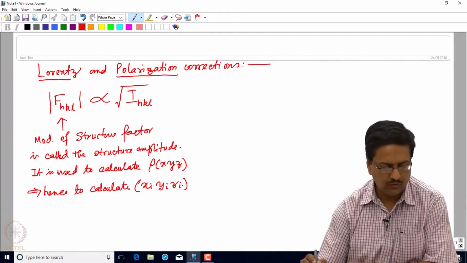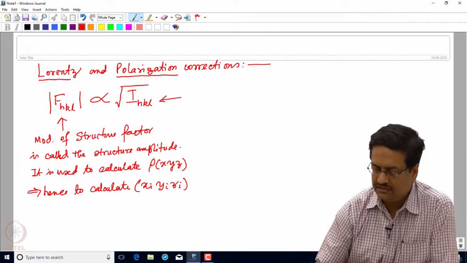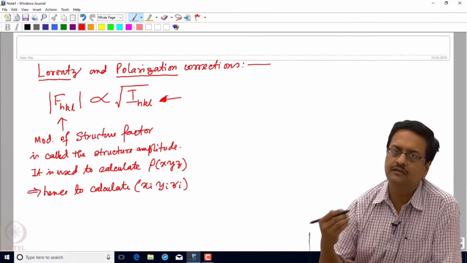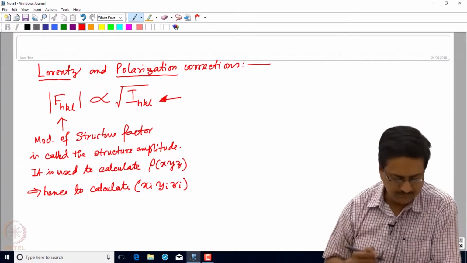And what is measured is the IHKL, the intensity that comes out of every lattice plane designated as H, K and L.